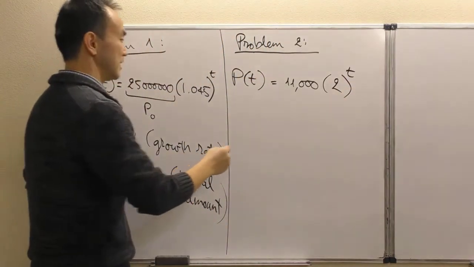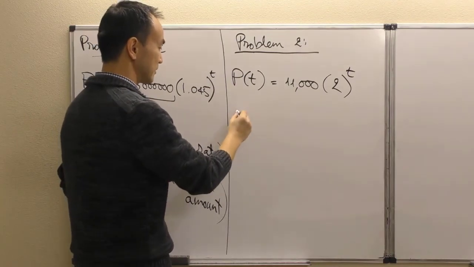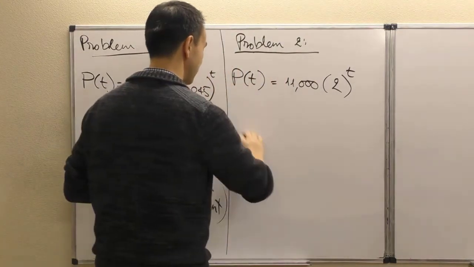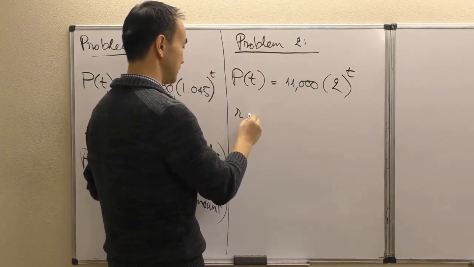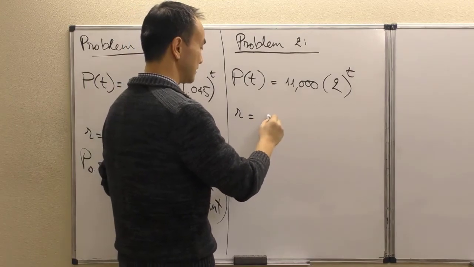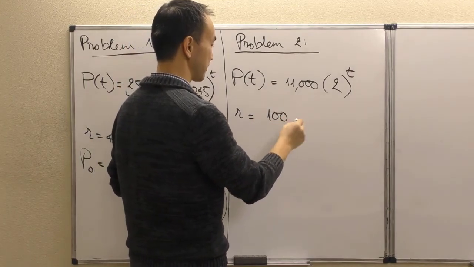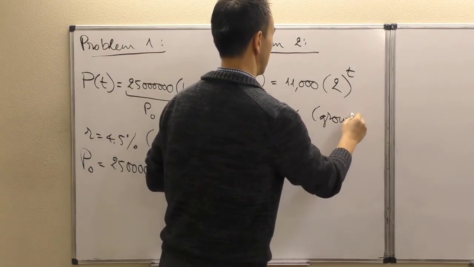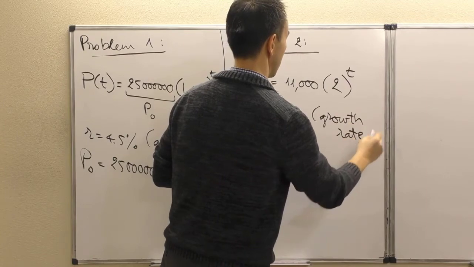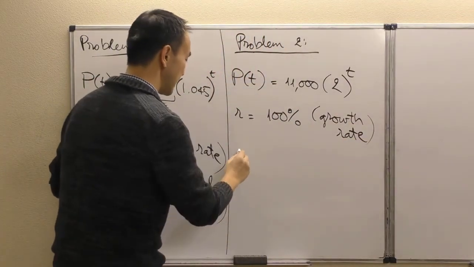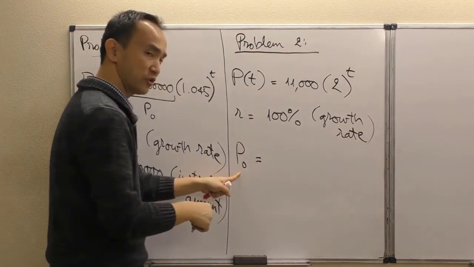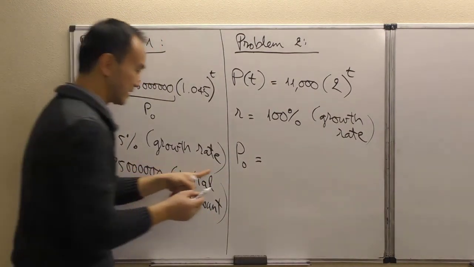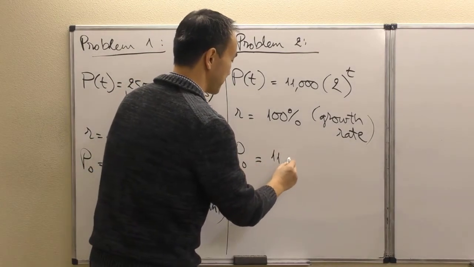We had a growth rate here again. Our growth rate was 100%. And 11,000 was our initial amount. So this symbol at this point is understood as the initial amount. So P sub 0 is 11,000.